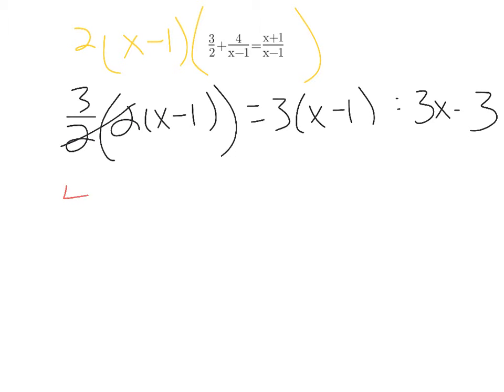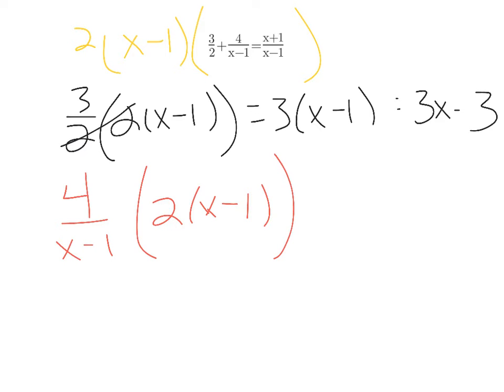When I multiply 4 over x minus 1 by 2 times the quantity of x minus 1, the x minus 1's cancel out and I'm left with 4 times 2, or 8.